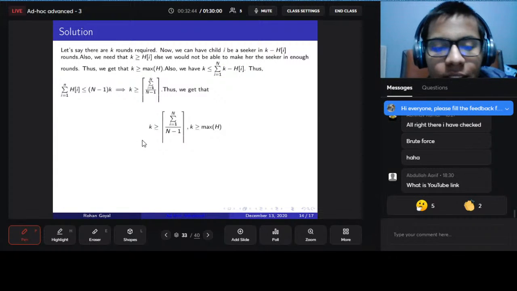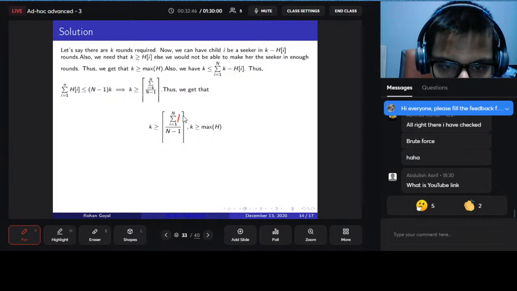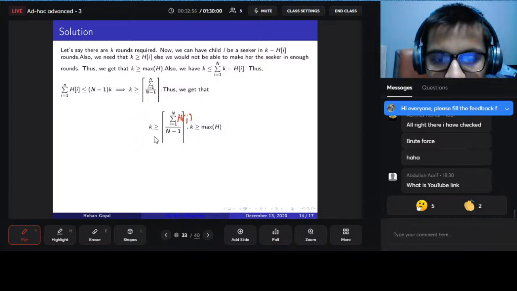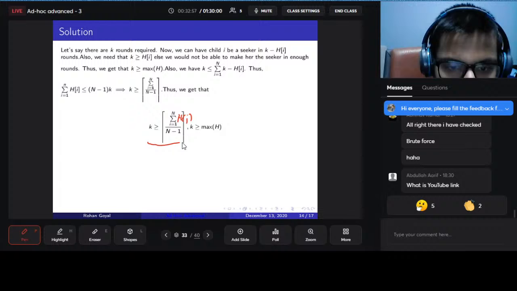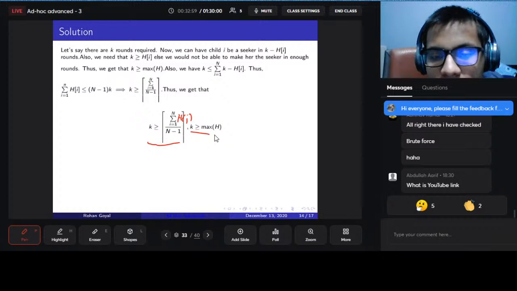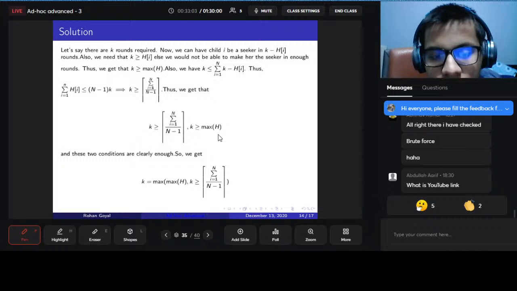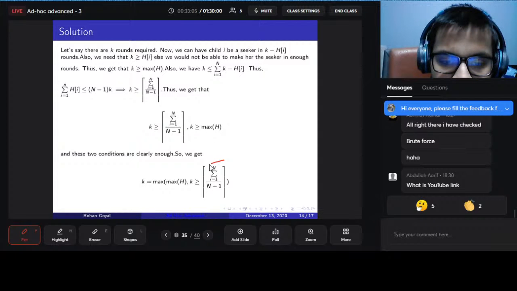Thus we get that k, again hi is missing, very sorry for this, the sum of hi. K is at least this amount, and k we know is at least this amount as well. So we need k to be at least the maximum of these two things.